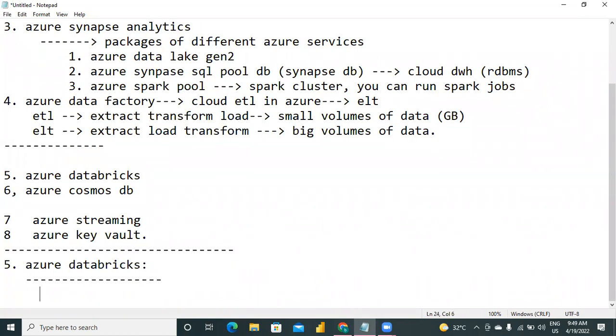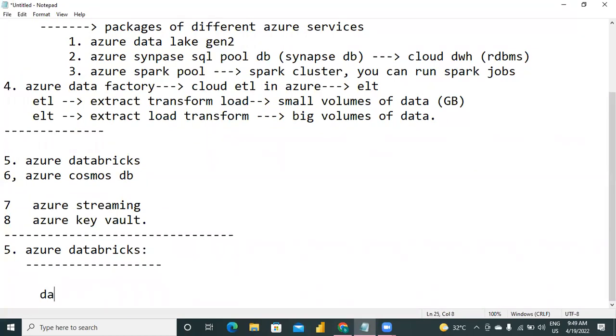Azure Databricks is a Spark cluster. That means Databricks provides you a Spark cluster on the Azure platform. So independently, what is Databricks? We will see first. Databricks provides a Spark cluster in the cloud.